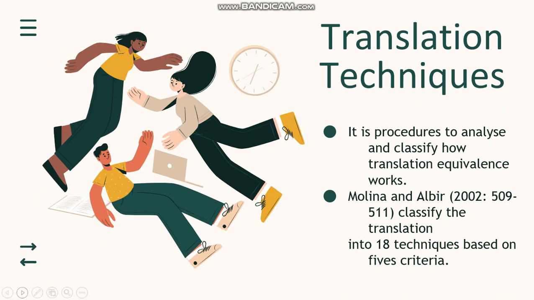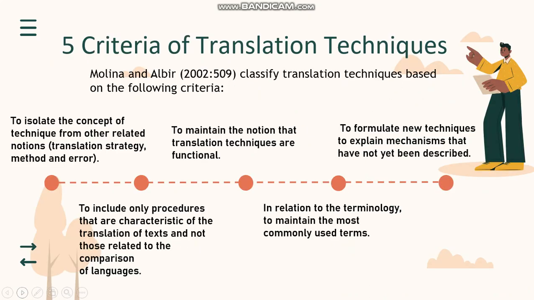Molina and Albert classify translation into 18 techniques based on the following 5 criteria. Here are the 5 criteria they used in their book. The first is to isolate the concept of technique from other related notions.